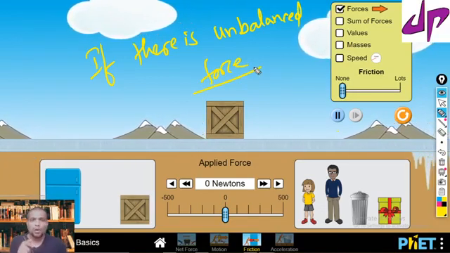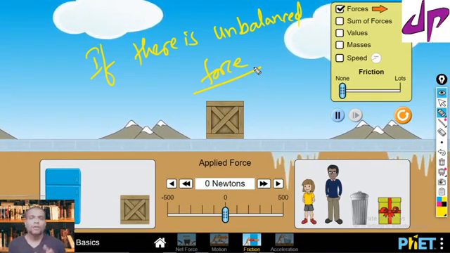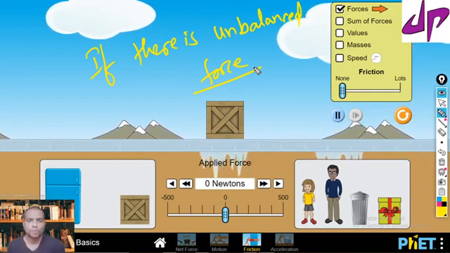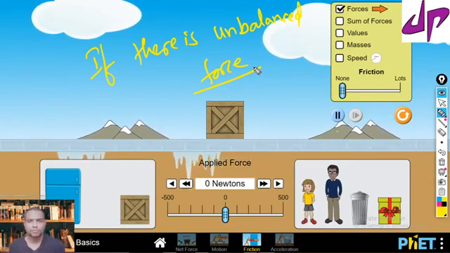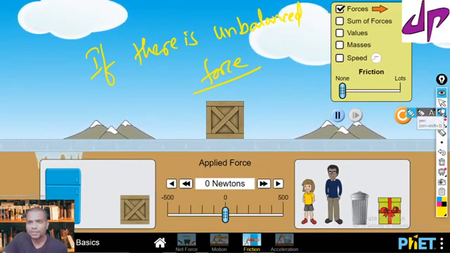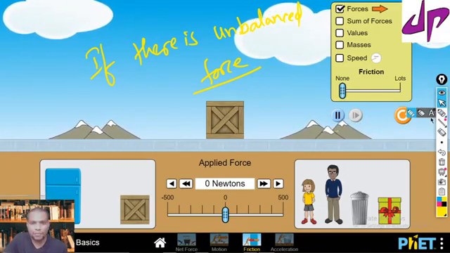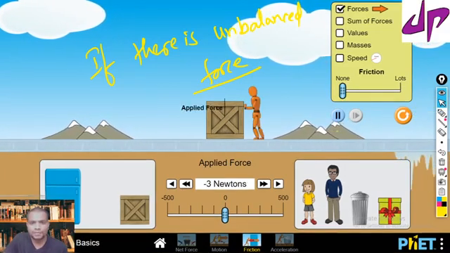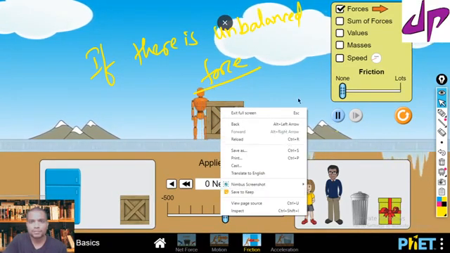Now here the box is moving, still the box is moving. Now I want to make it stop. What can I do? Two things I can do. One thing I can do is apply a force on the other side. Now I applied a force on the other side.